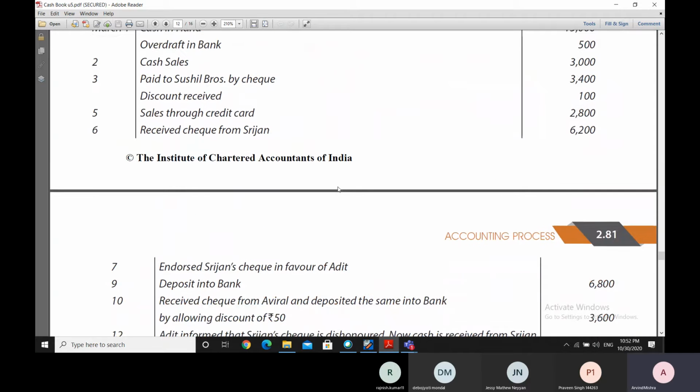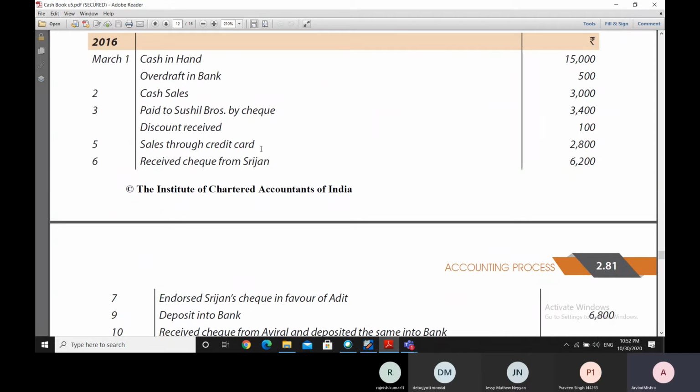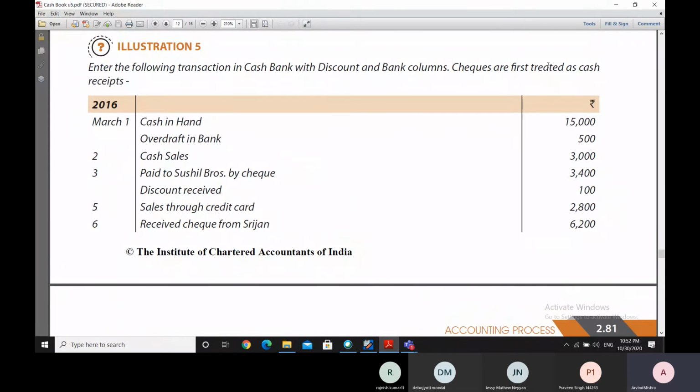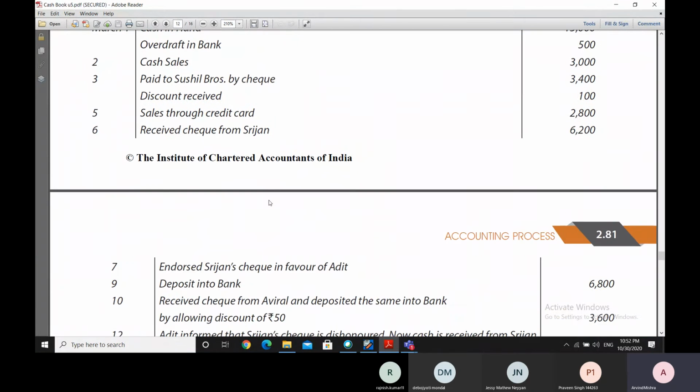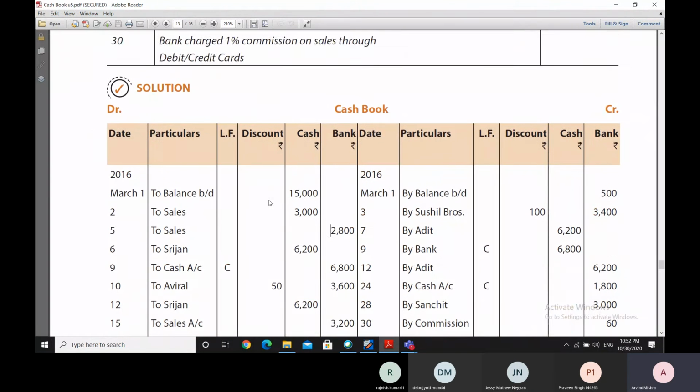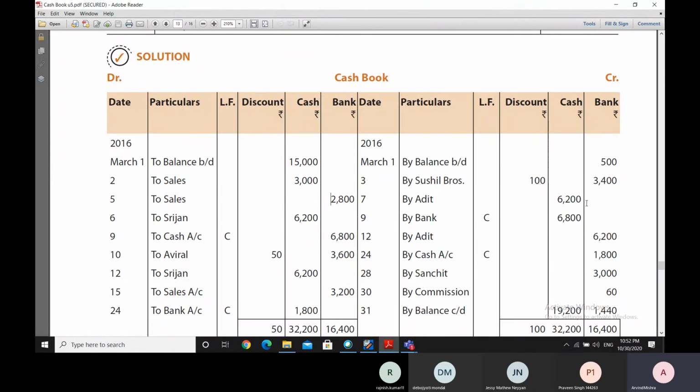Now then, we received a check from Srijan, 6,200. We are saying that whenever we receive any check, we first treat it as a cash receipt. So 6,200 rupees is entered here. We have received it as a payment.